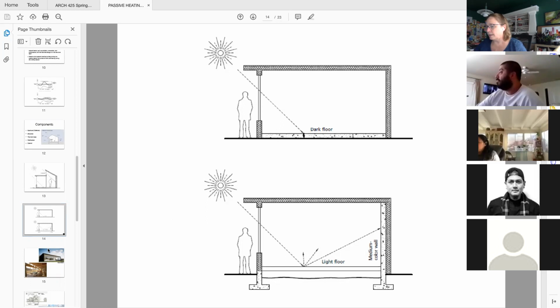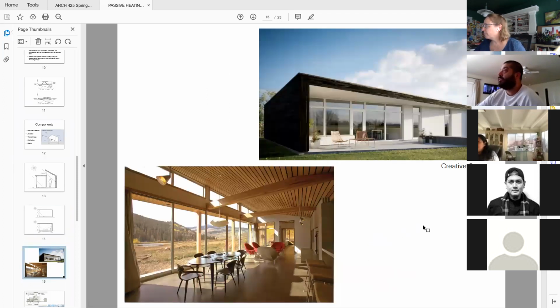Okay, so let's look at some cool contemporary examples. Whoops, mouse again. So here are two contemporary images. Is this the same project? I don't think it is.